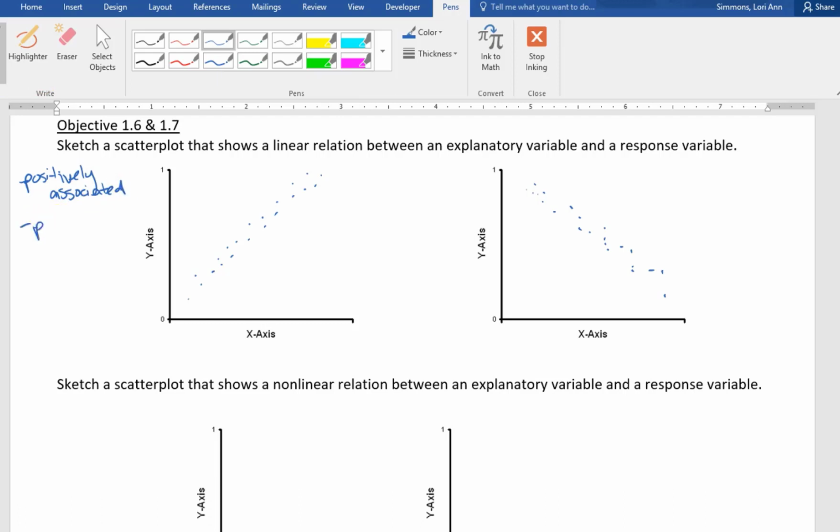We could say positive slope. And then we can say as one variable increases, the other increases.